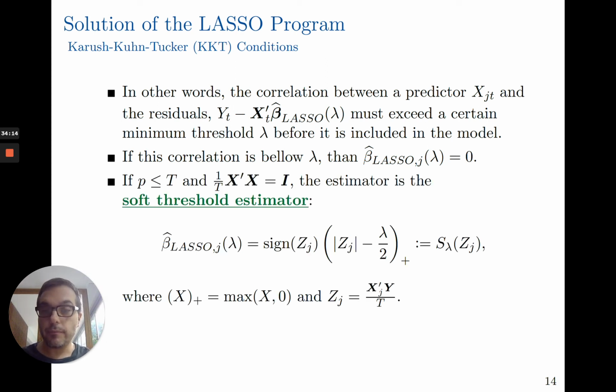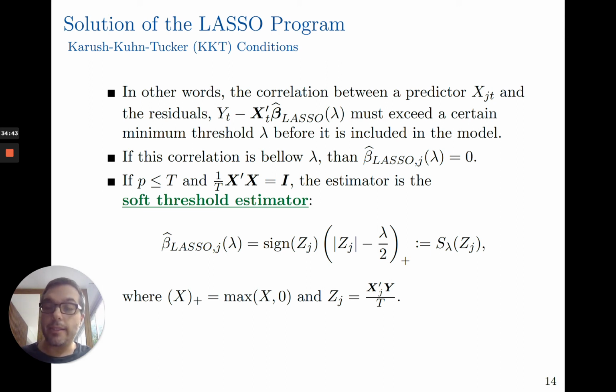Of course, in very specific cases, we can make this a little bit simpler. If P is less or equal than T, and 1 over T x prime x equals the identity, we can write down a solution for the lasso problem in terms of the soft threshold estimator.